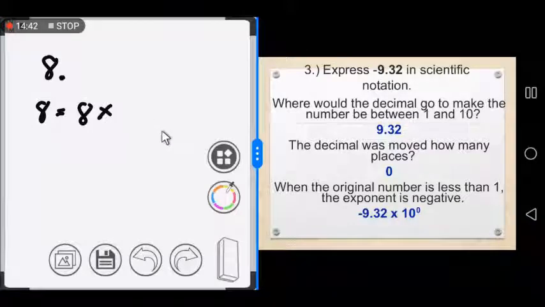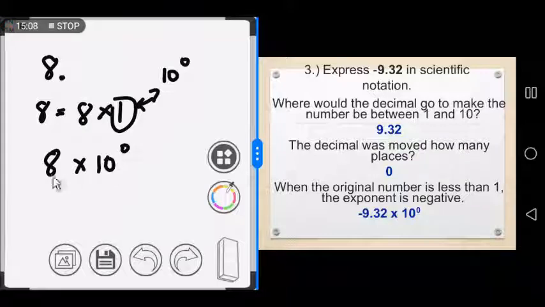Wala ka namang ginamit na factor na 10. So, kaya po siya to the zero power. And any number raised to 0, kahit anong number pa yan, kung yan ay 10, yan ay 100, 1 million, basta ni-raise sa 0, it's equal to 1. Okay? Kaya po in scientific notation, 8 is the same as 8 times 10 raised to the 0 power.